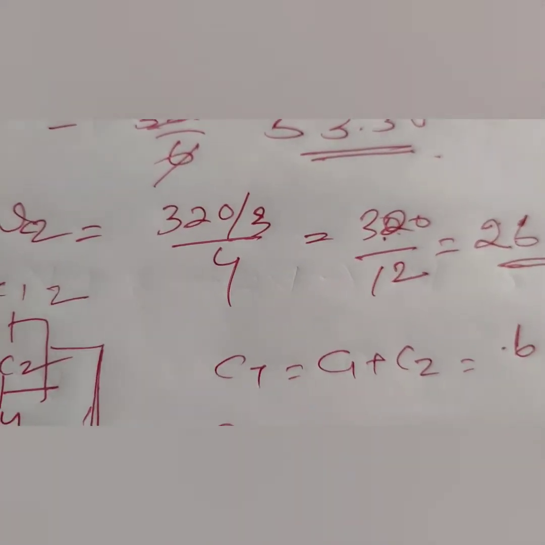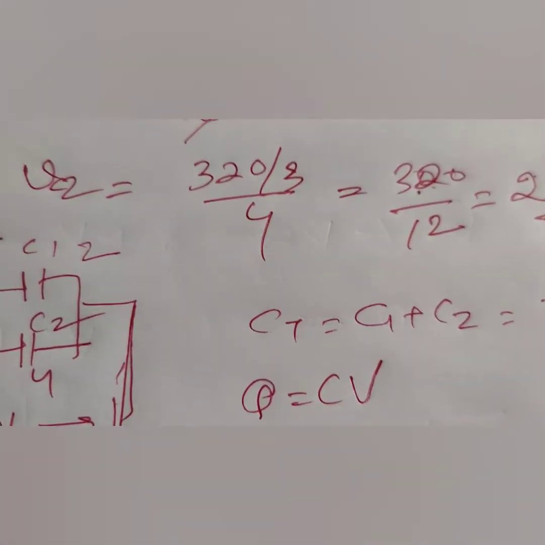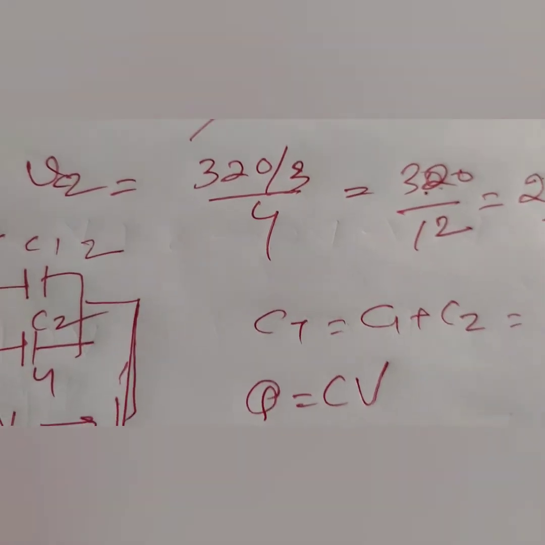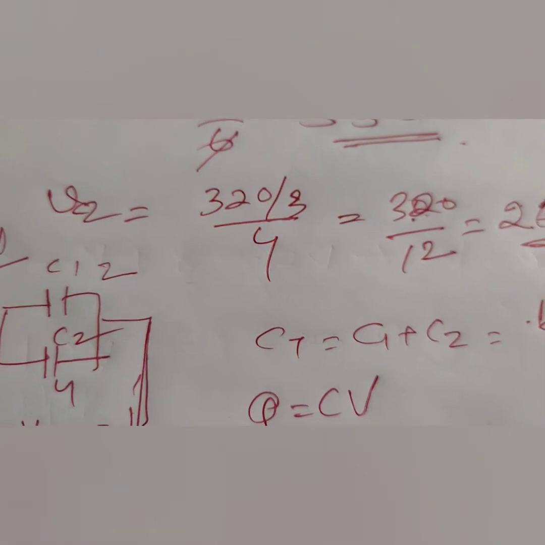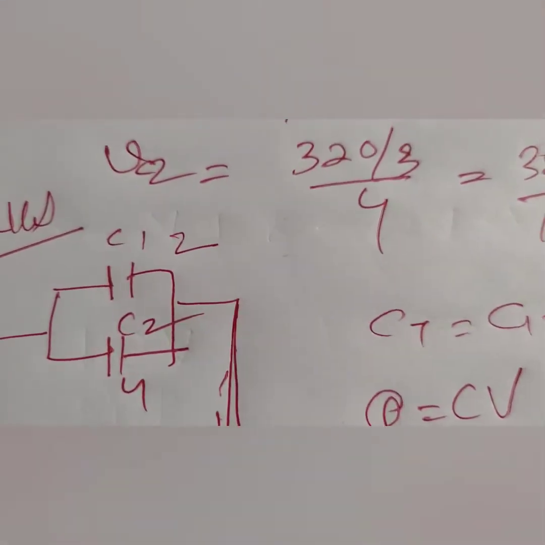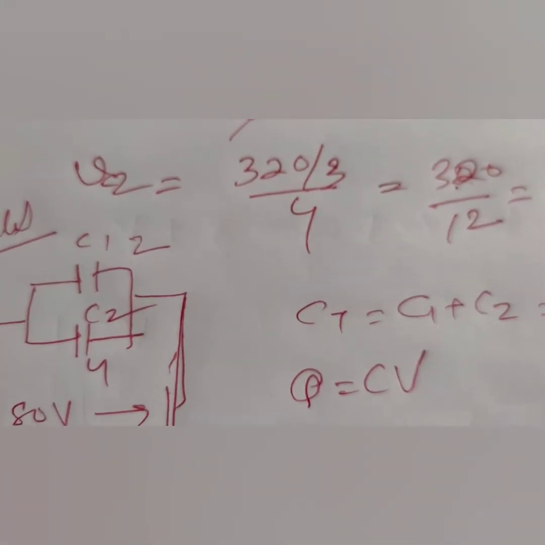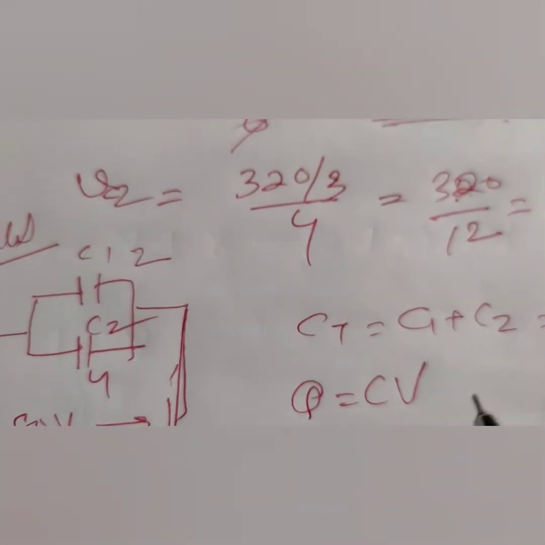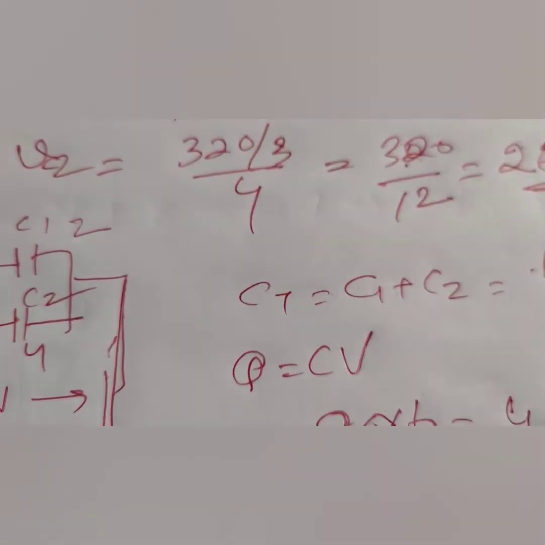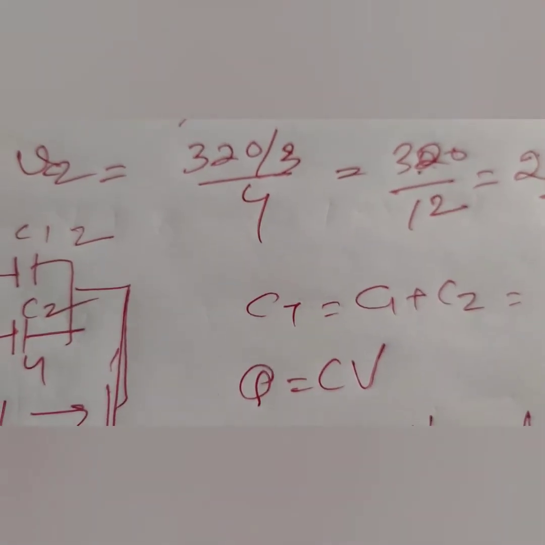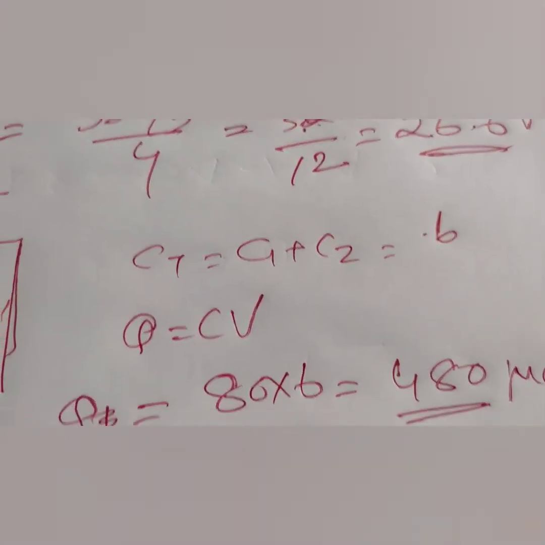And Q is equal to CV, so the charge will be 80 into 6, 480. Charge will be 480 microcoulomb.